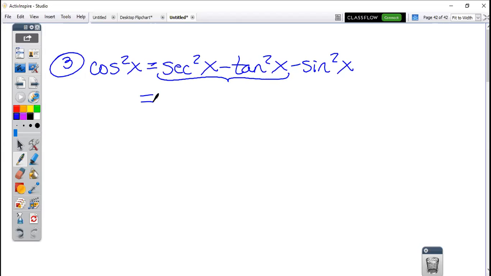It doesn't say this specific thing, but you can figure out what secant squared minus tangent squared would equal. It is number 8, and it is 1. So that would simplify to 1 minus sine squared, and we're still going to stick with the Pythagorean identities. Of your Pythagorean identities, what does 1 minus sine squared x equal? Cosine squared x, and we are done.